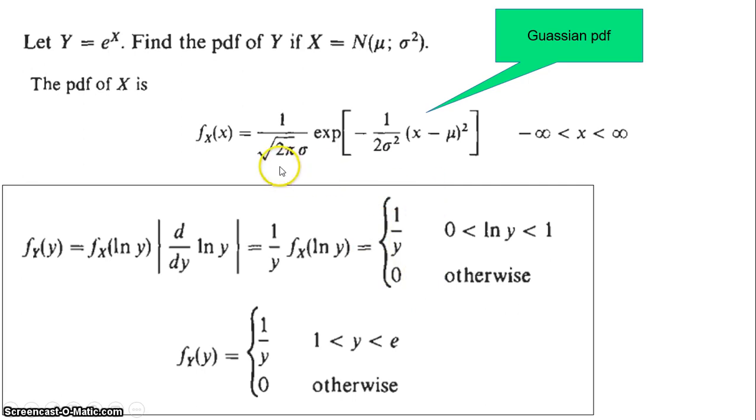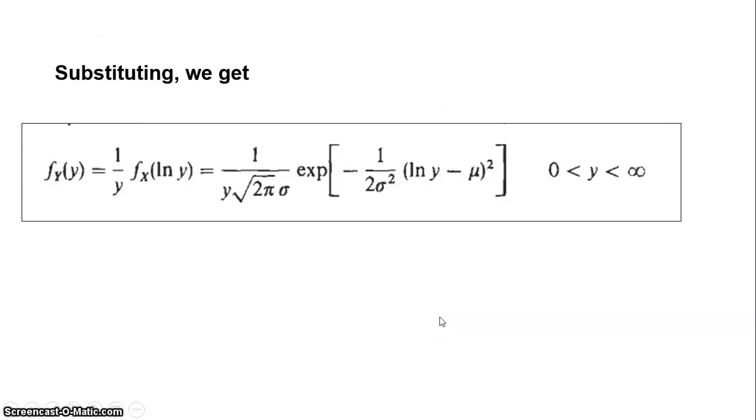But when you take a Gaussian random variable, then your f_Y of y changes. The uniform case was just an example of the same function. Using Gaussian, it is 1 by y times f_X of ln y. Just substitute in the place of f_X of x, which is 1 by root 2 pi sigma exponential of minus x minus mu whole square by 2 sigma square.